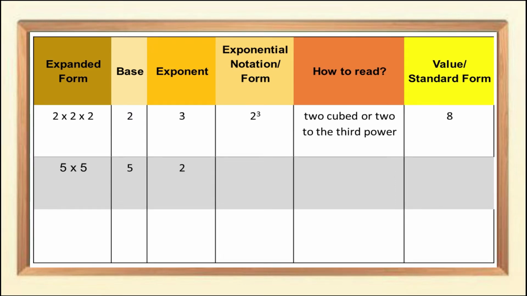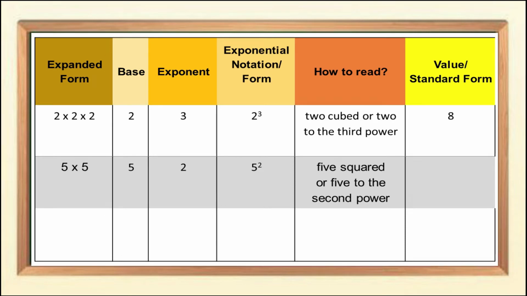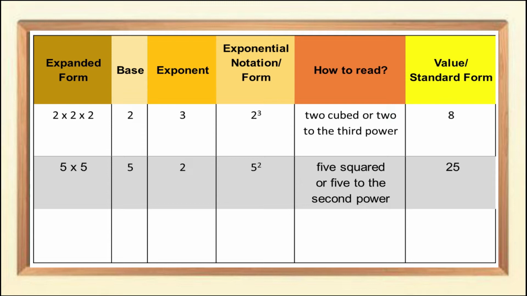We can write that in exponential notation or exponential form like this. There we go. We read this as 5 squared or 5 to the 2nd power. Now 5 times 5 or 5 squared is equal to 25, which is the standard form.